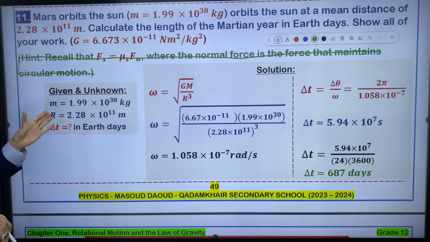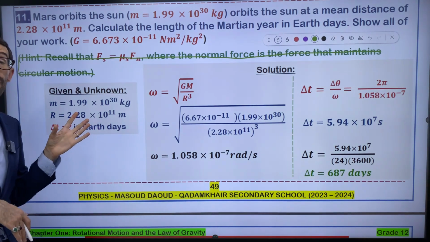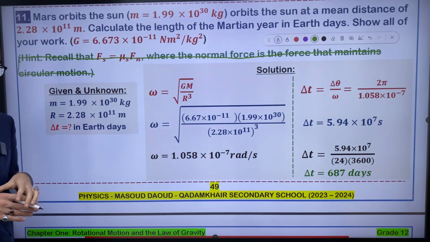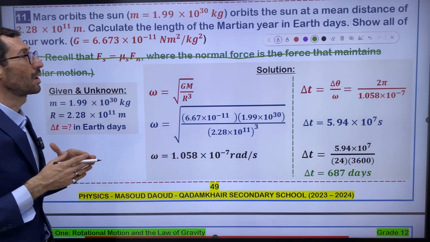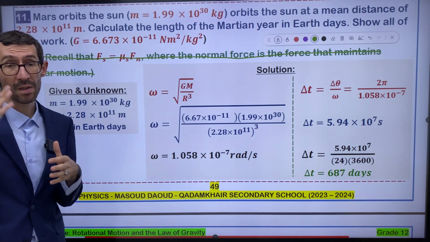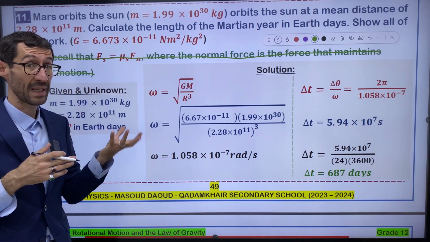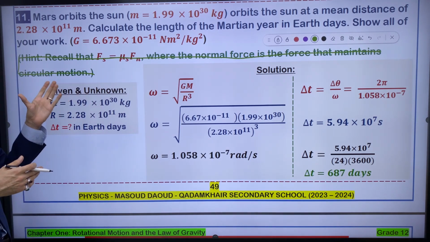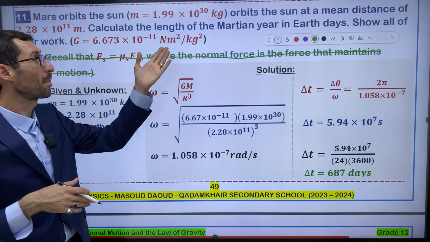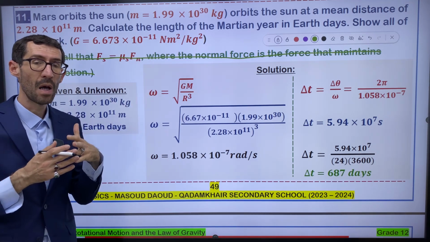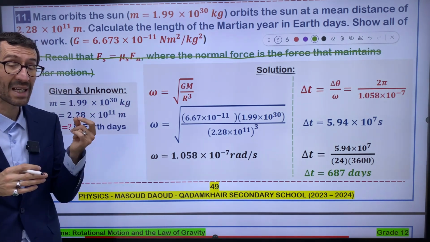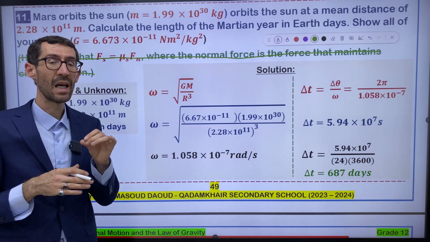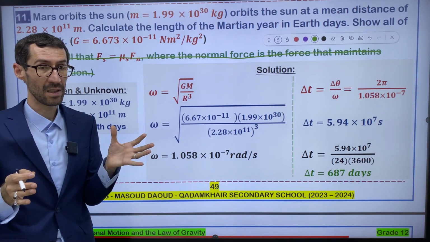actually we don't have the mass of Mars, right? A lot of students ask me, teacher, this information is not appropriate for finding, for example, the length of the Martian year, because the mass of Mars is not given. I'm going to tell you this information. Keep in mind that the mass of Mars does not matter, right?